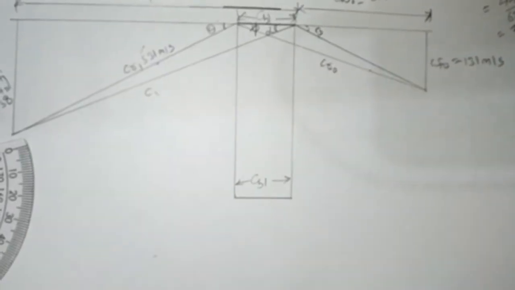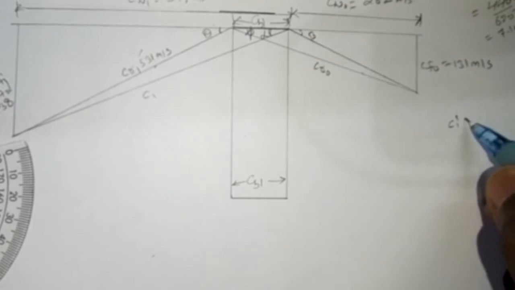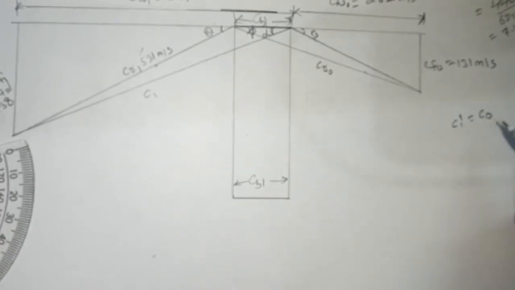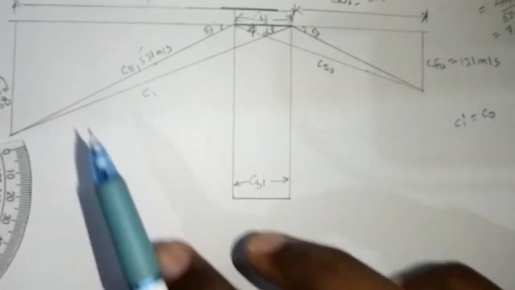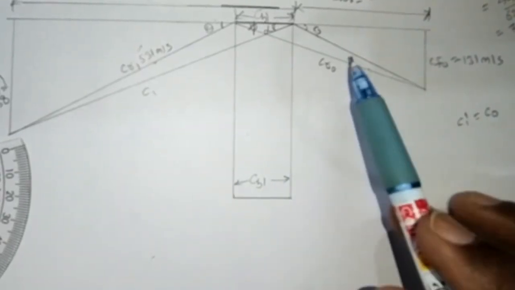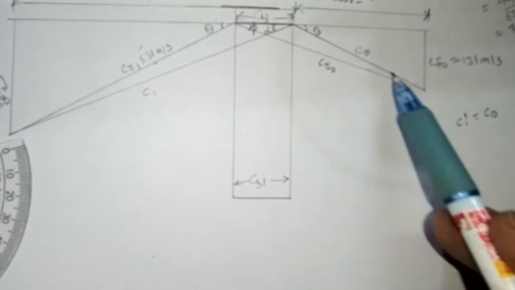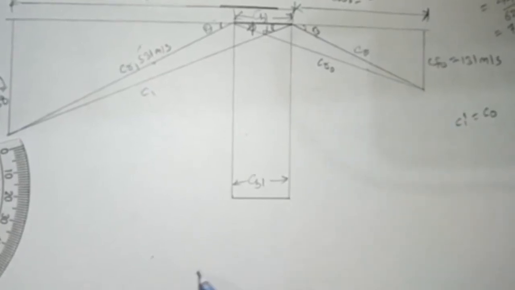For magnitude, we have to calculate C1 dash. Here C1 dash is equal to C0, because the exit velocity C0 of the first row of moving blade is the inlet of the second row.